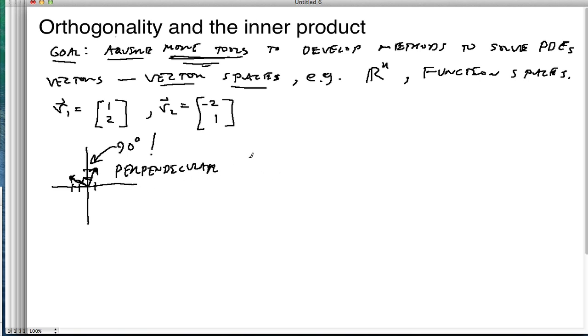We want to generalize this concept of perpendicularity.